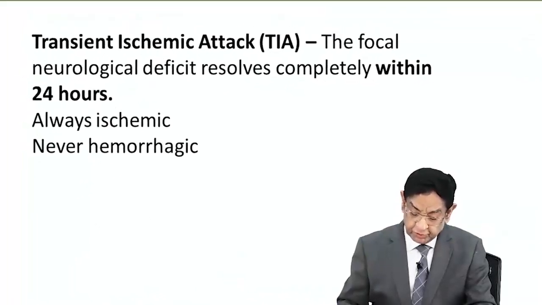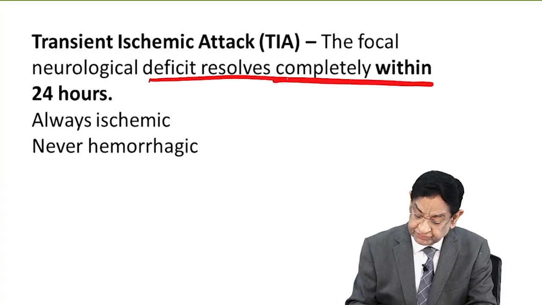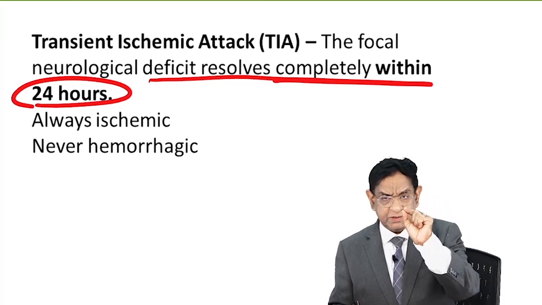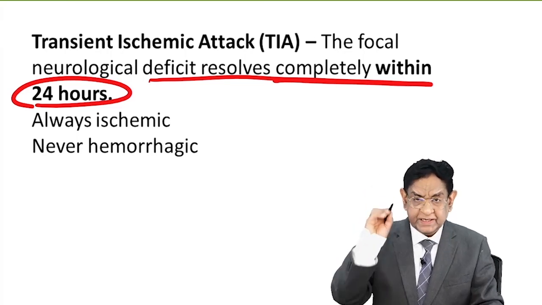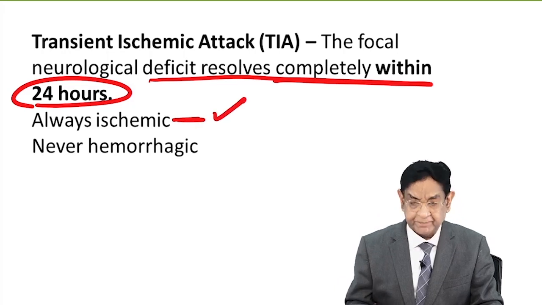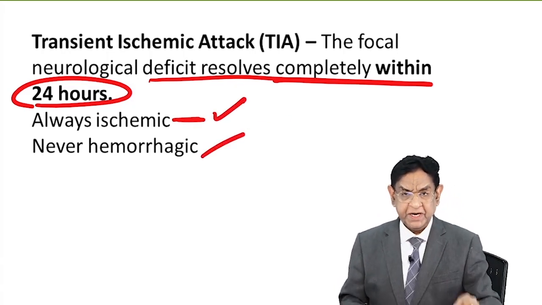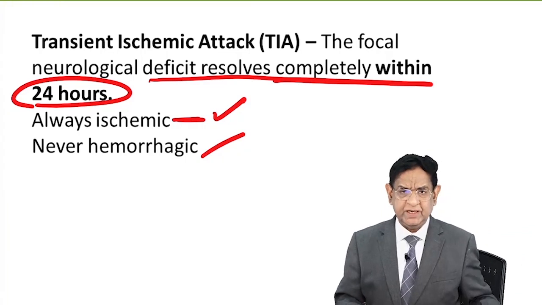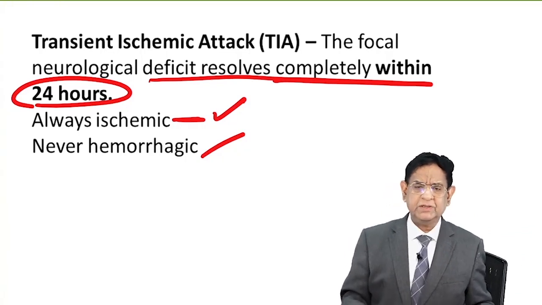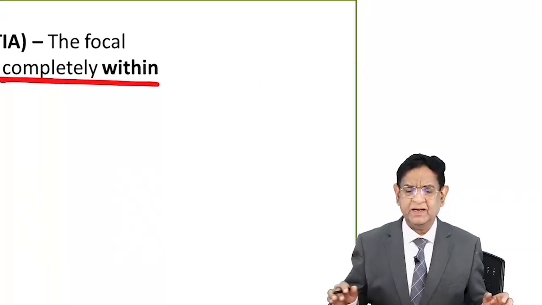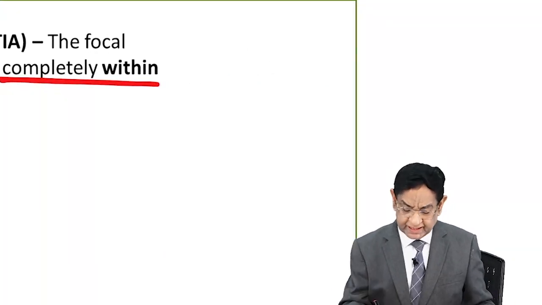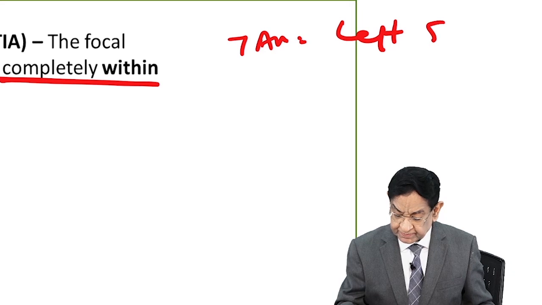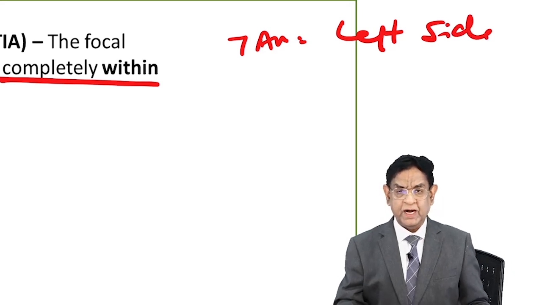What I told you: in TIA the deficit is there, but it resolves within 24 hours. But there are certain very important points. TIA is always ischemic. It is never hemorrhagic. It means, a TIA patient comes to you right now, you are sitting in the OPD. He says, "Doctor, when I got up at 7 a.m., there was complete left-sided paralysis of both the upper and lower arm.